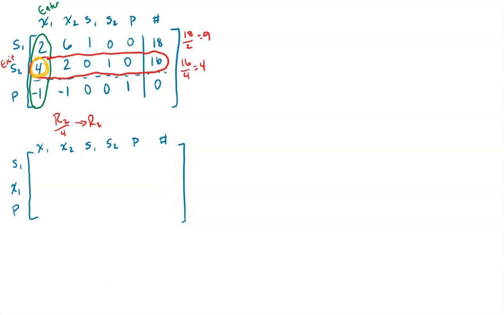So just so we don't forget later, let's go ahead and put x1 right there. Alright, so row 1 and 3 don't change. So for row 1, it's still going to be 2, 6, 1, 0, 0, 18. For row 2, though, that one we're going to be dividing everything by 4. So if we go ahead and divide all of this by 4, we're going to get 1, 1/2, 0, 1/4, 0, 4.